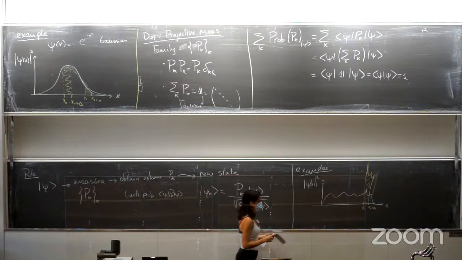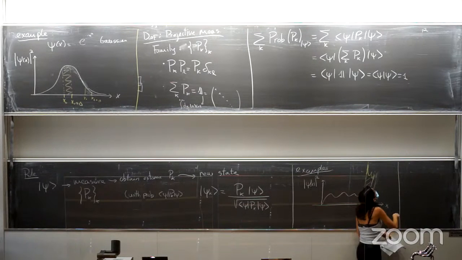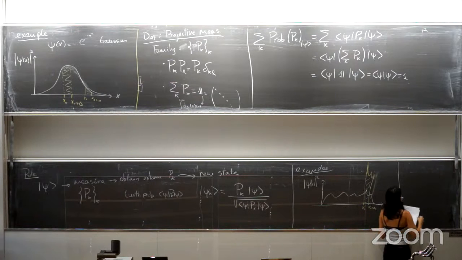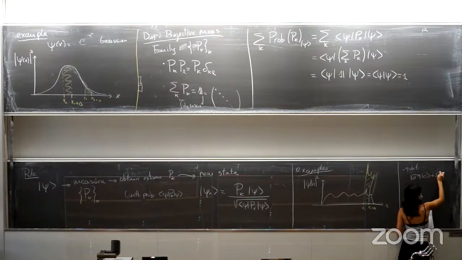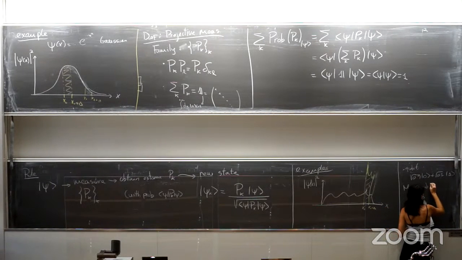But the other example that you can try at home is this thing we saw before when we had the qubit. So if you have this qubit, which was 0.9 |0> plus 0.1 |1>, you measured in the Z basis, and suppose with probability 0.9 you got outcome 0.